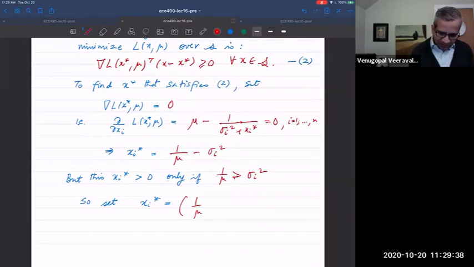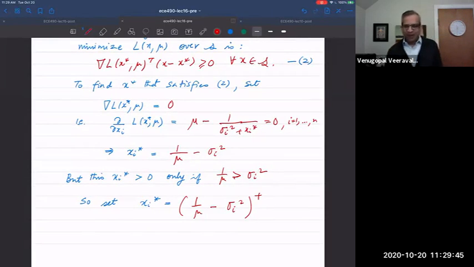We saw that this was actually the answer we got from the last class. But even without that, this seems like a reasonable answer to this problem: xi star should be the positive part of 1 over mu minus sigma i squared. So it's equal to 1 over mu minus sigma i squared if 1 over mu is strictly greater than sigma i squared, and if it's less than, you just make it equal to 0.